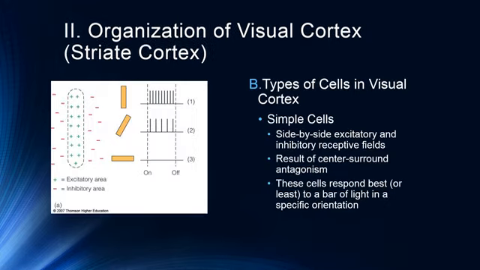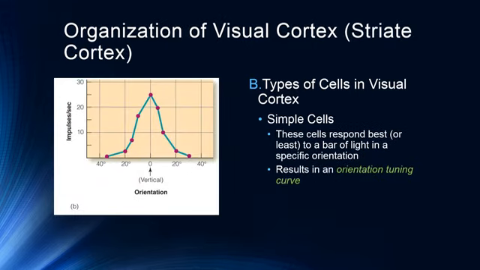So these cells respond best or least to a bar of light in a specific orientation. This is how we start to extract visual features and recognize items in our environment, through this particular process. We get neurons that respond particularly to stimuli in particular orientations.